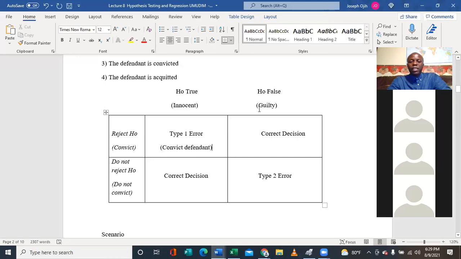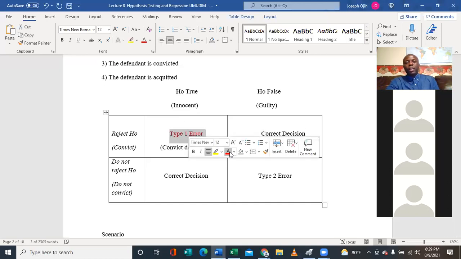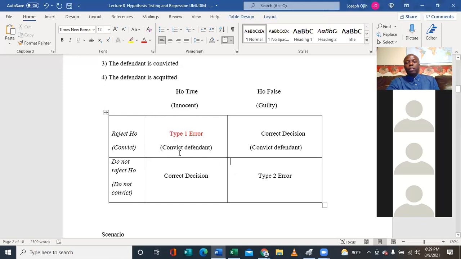If the defendant is guilty and the jury convicts the defendant, then they have made a correct decision. But here, they committed type 1 error because they convicted an innocent person.